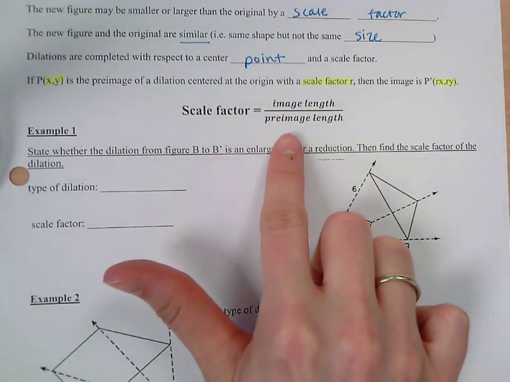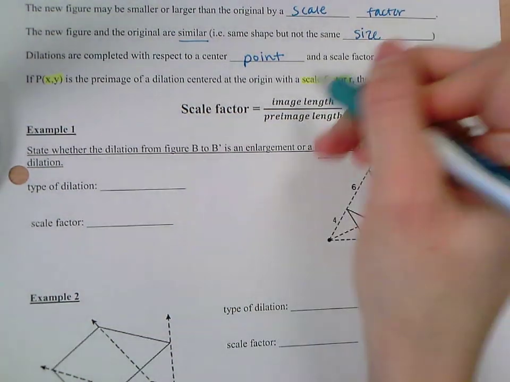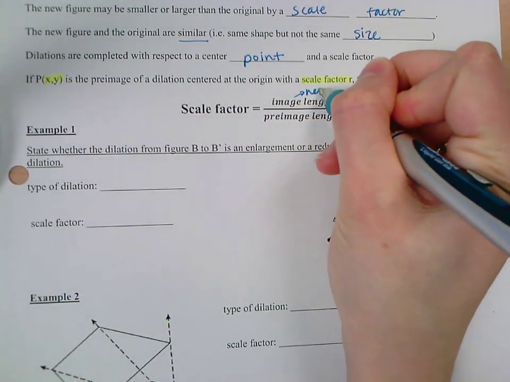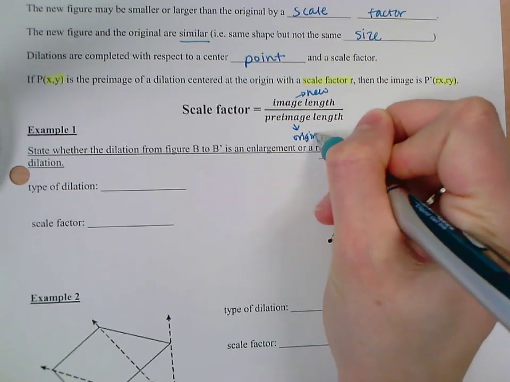Scale factor, here's the formula for it. It is the ratio of the image length to the pre-image length. And again, the image is the new figure, pre-image is the original.